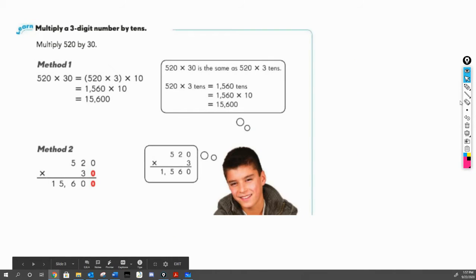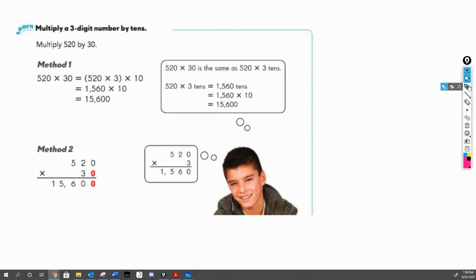All right, hopefully you feel refreshed and enlightened with everything he had to offer you. When we're multiplying three-digit numbers by tens, we're really just building on the same thing we did yesterday. You could multiply the three-digit number by your single digit and then add that zero at the end.